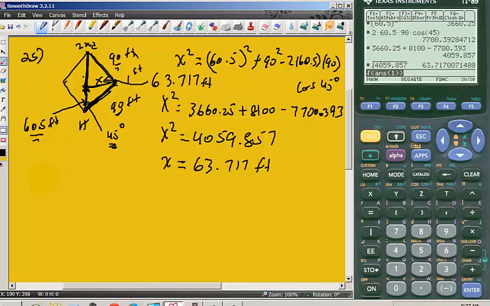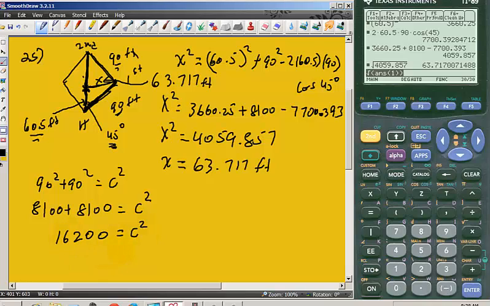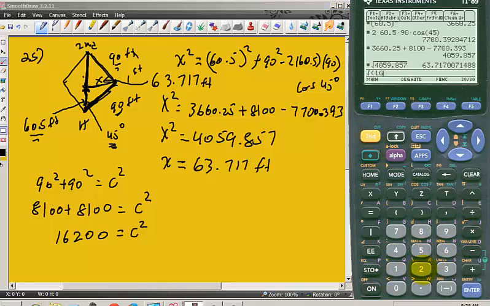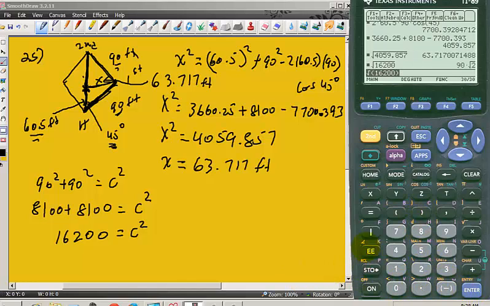Okay, so let's go with a 90 squared plus 90 squared is equal to c squared, which is 8100 plus 8100 is equal to c squared, which is going to give me 16200 is equal to c squared, and my c is square root of 16200. I don't like that. I want decimals.